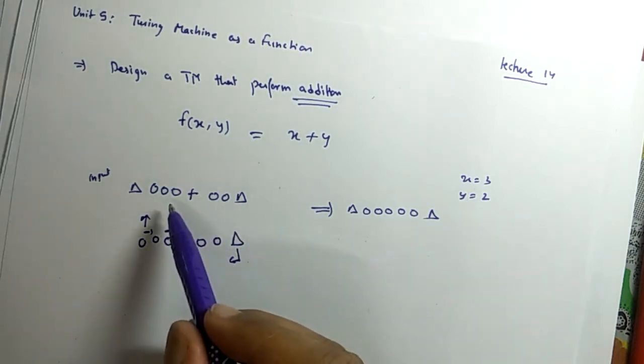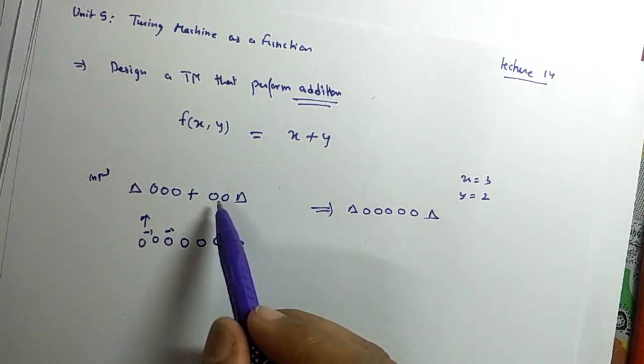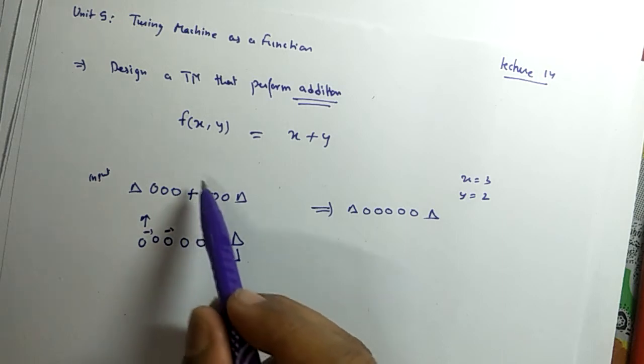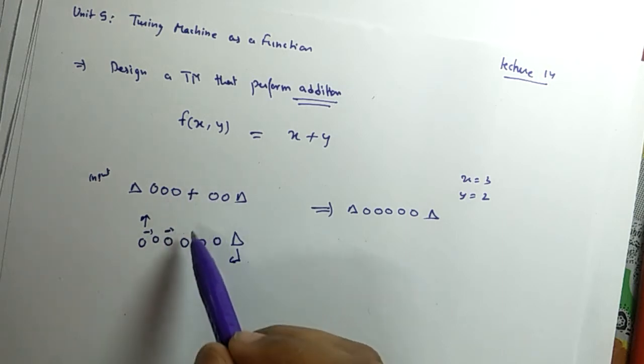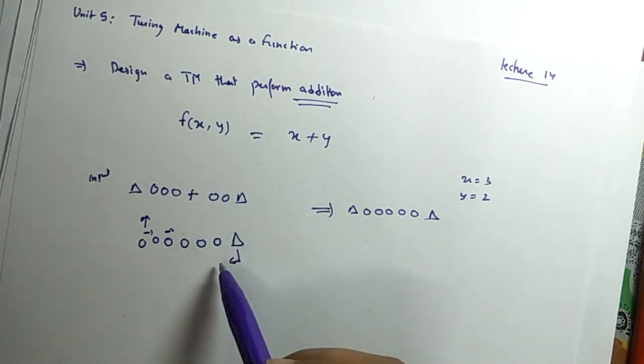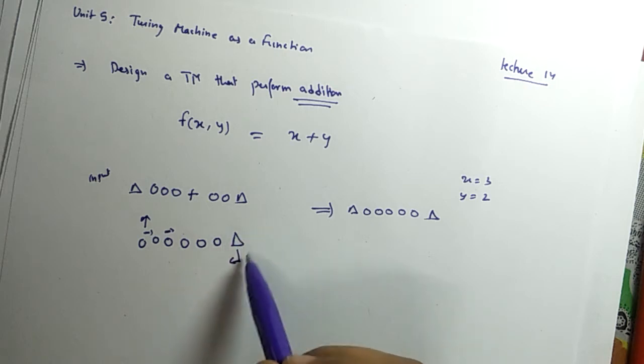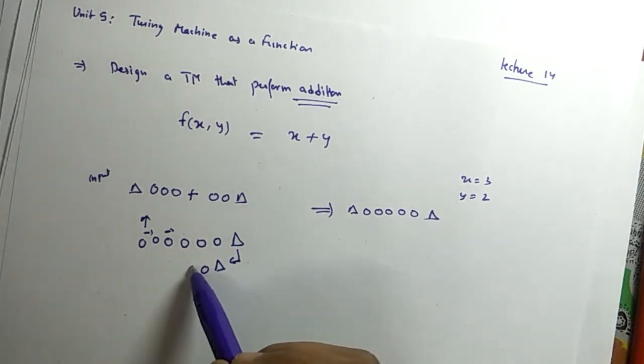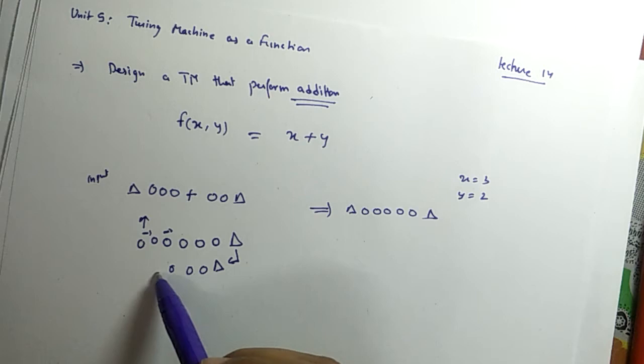Initially we have 3 zeros here and 2 zeros here. Now we have 6 zeros, because we added an extra 0 at the place of the plus symbol. So we need to remove the extra 0 from this corner. From the rightmost corner we will move to left and convert this 0 to blank. Now we are left with 5 zeros over the tape.